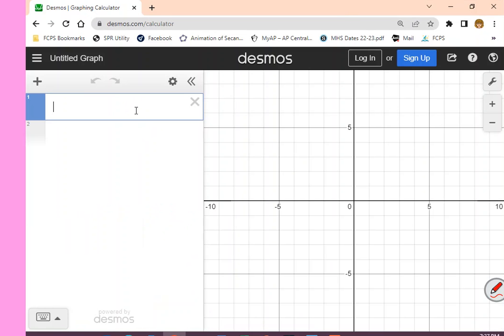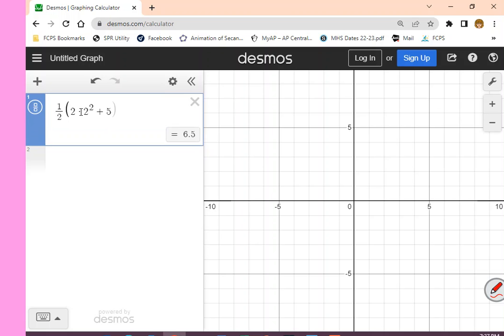With Desmos, you can type 1/2, make sure you move your cursor, click up there, and then type exactly what it looks like, squared. Make sure you arrow over to get out of there.